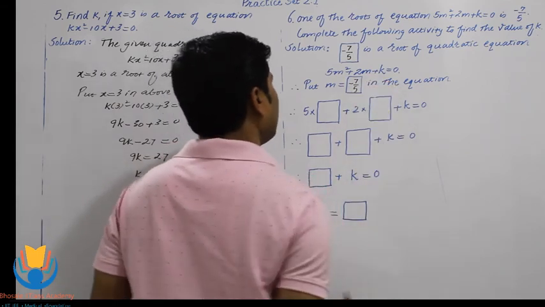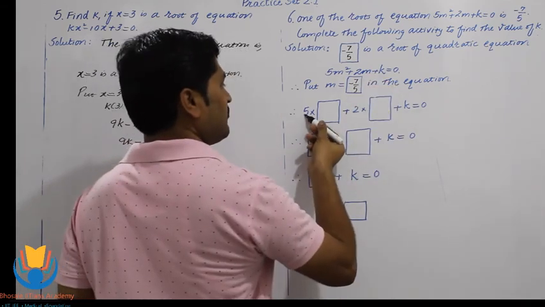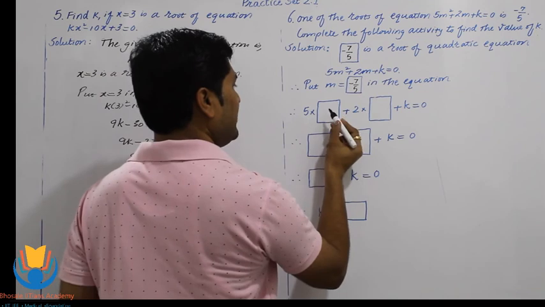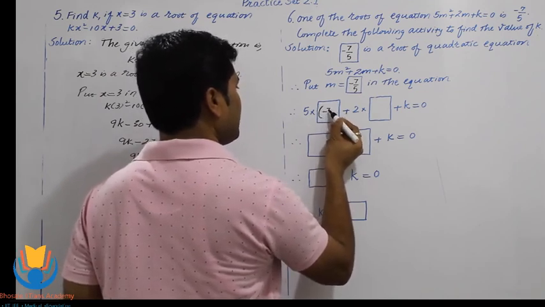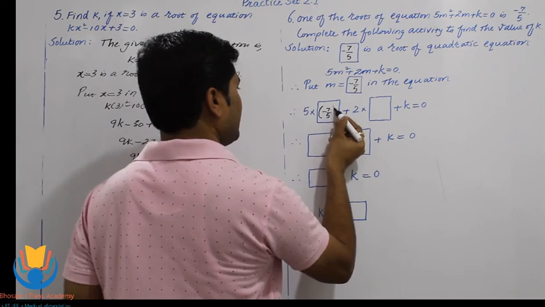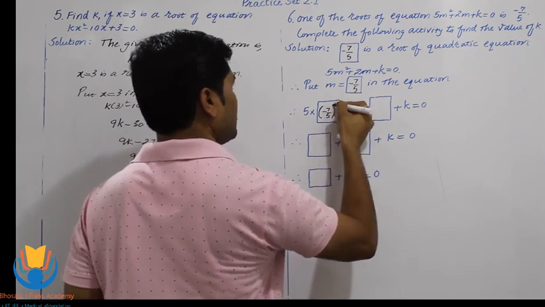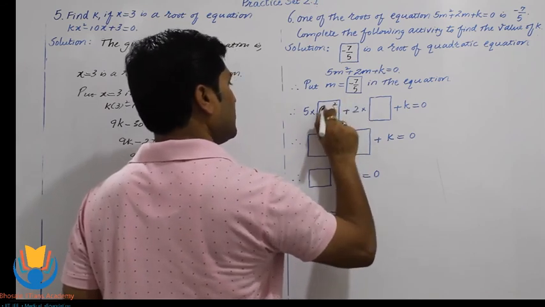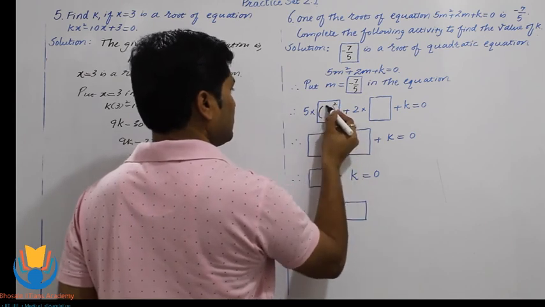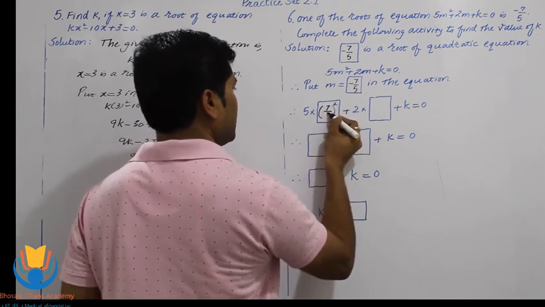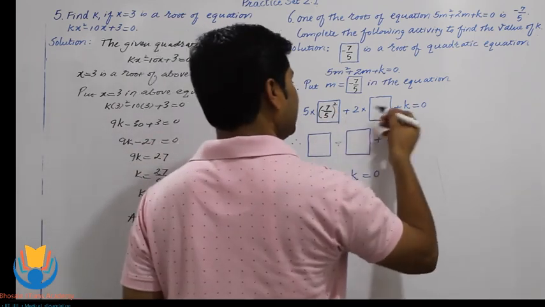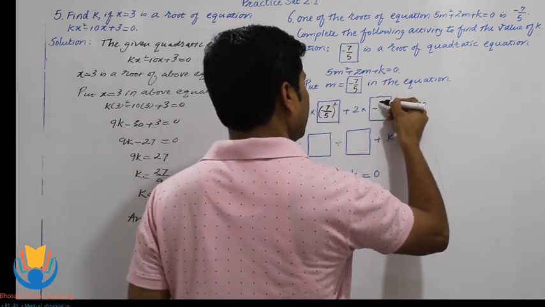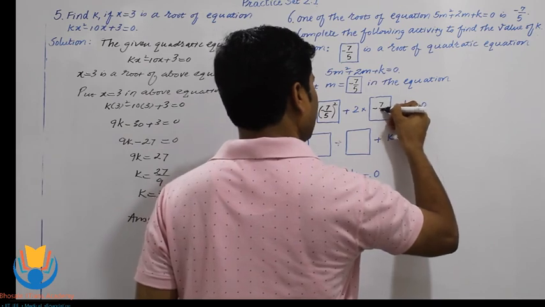And this quadratic equation becomes 5 into m square. So 5 into the square of minus 7 upon 5, and again 2 into m is nothing but 2 into minus 7 upon 5.